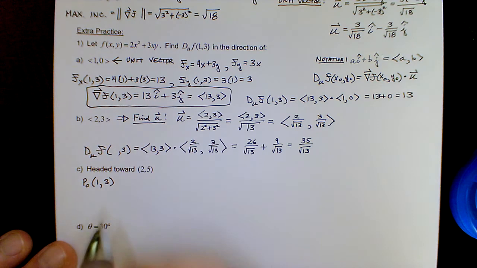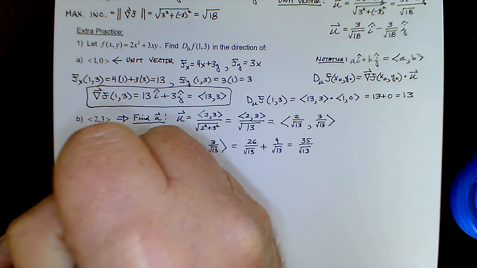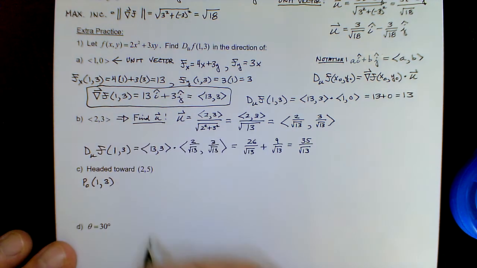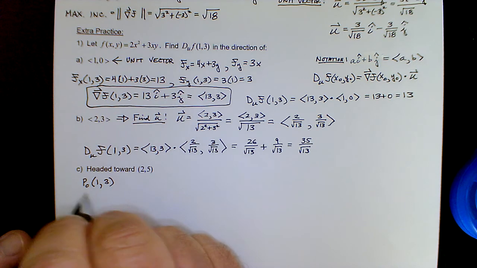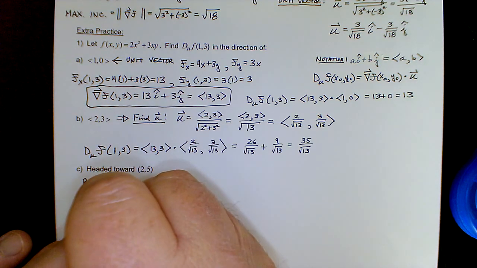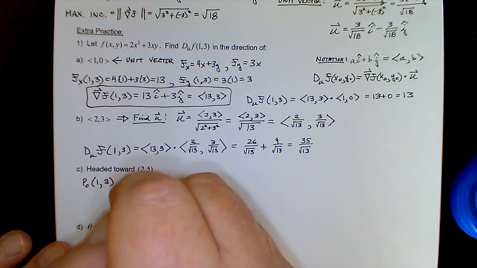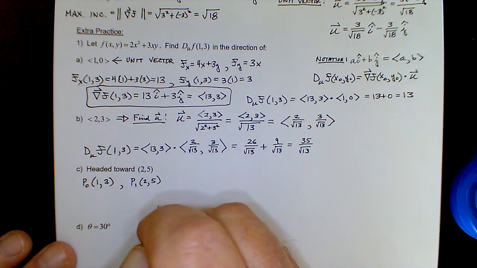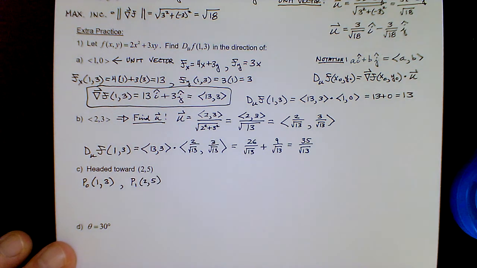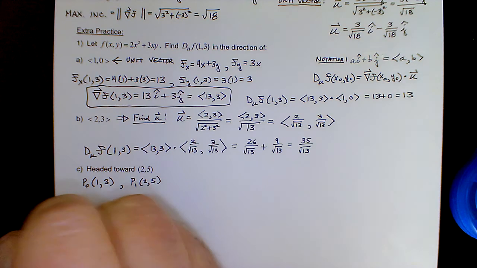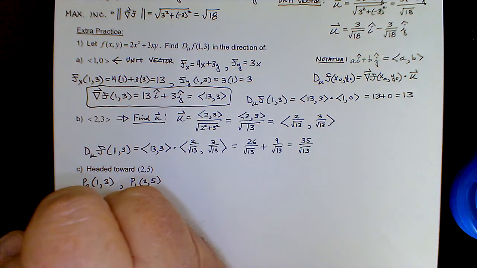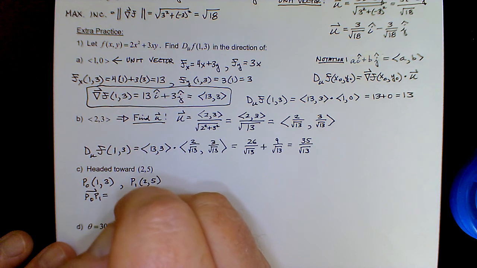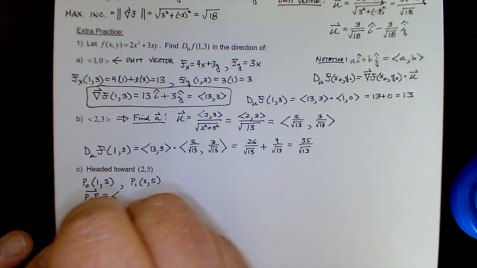I'll call the initial point (1, 3), and then the point that we're headed toward I'll call (2, 5). And then we have to find its unit vector. So first find the vector itself. P sub 0 to P1 would be 2 minus 1, so I'm going to use vector notation again for simplicity: <2 minus 1, 5 minus 3>, which is <1, 2>.